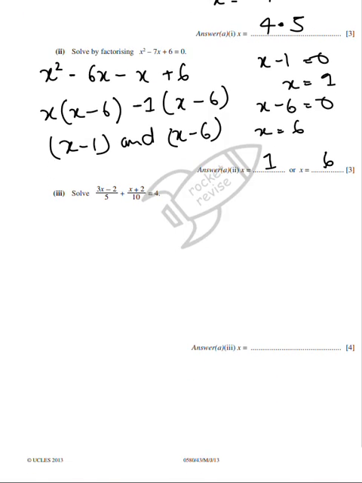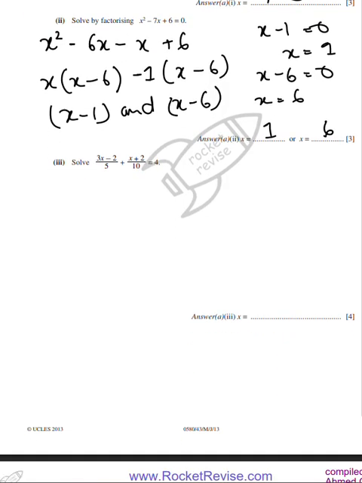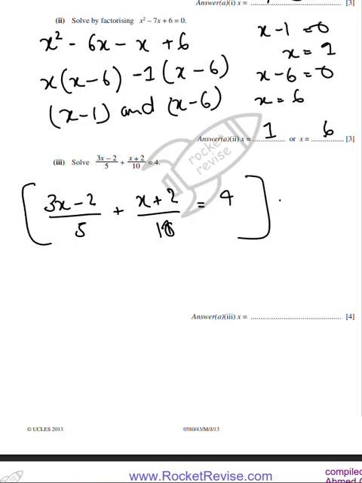Then what do we have? 3x minus 2 upon 5 plus x plus 2 upon 10 equals 4. Okay. Let's do one thing. Let's multiply the entire equation by 10.